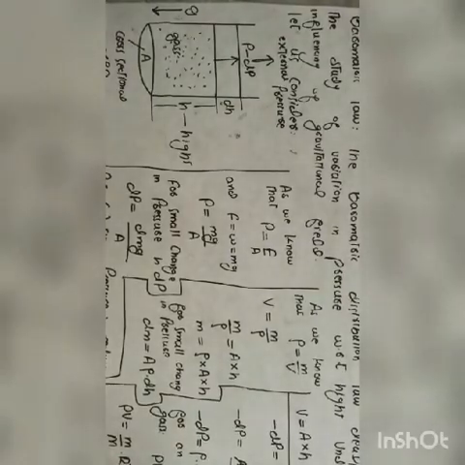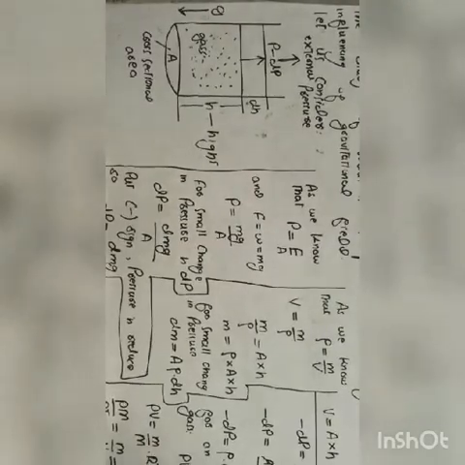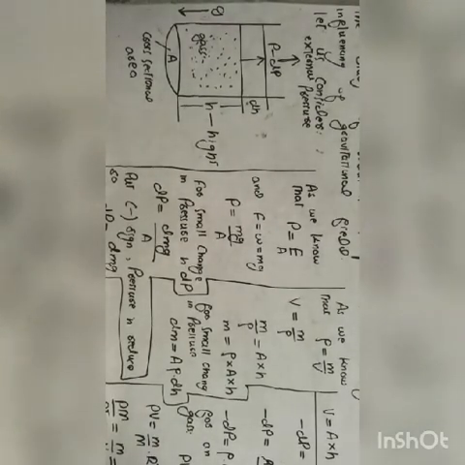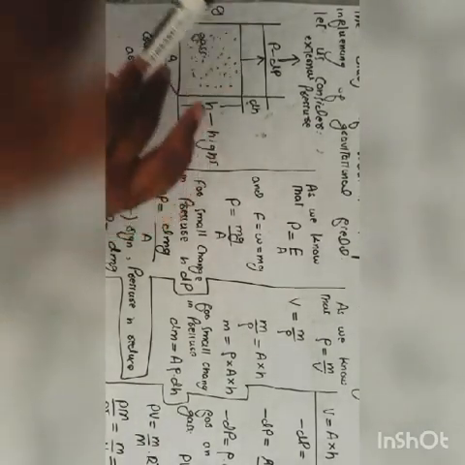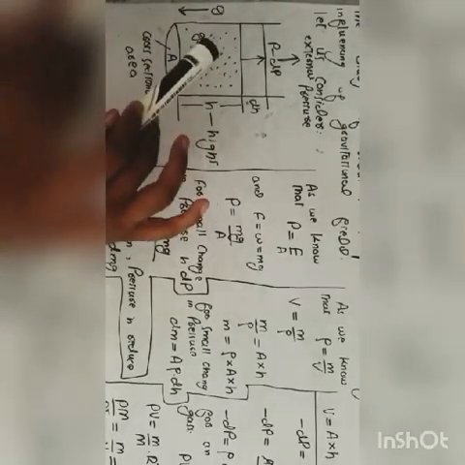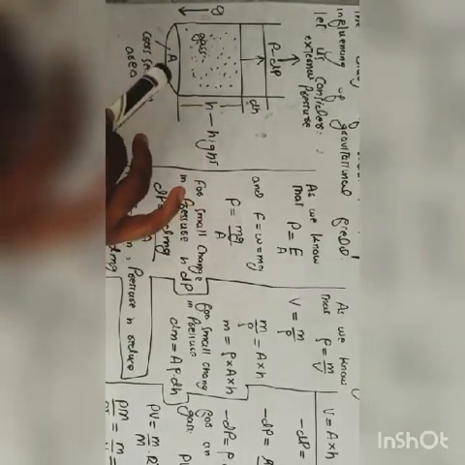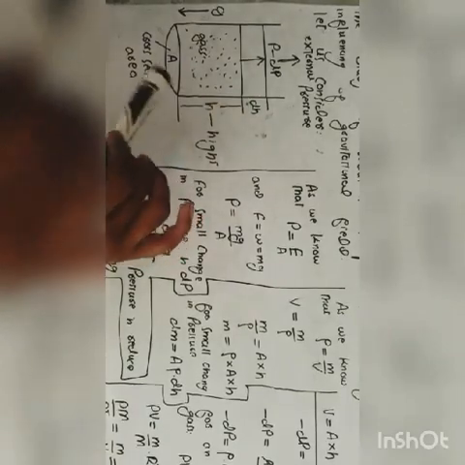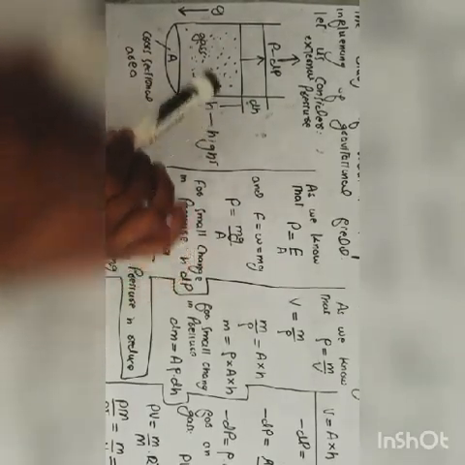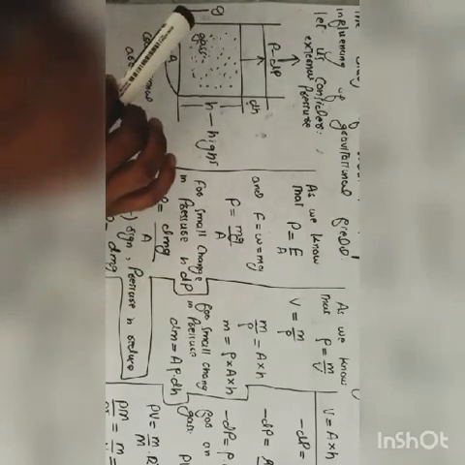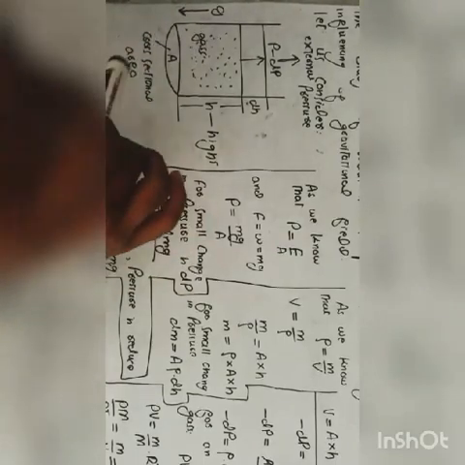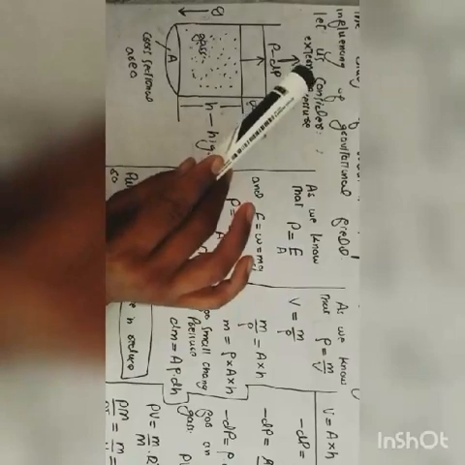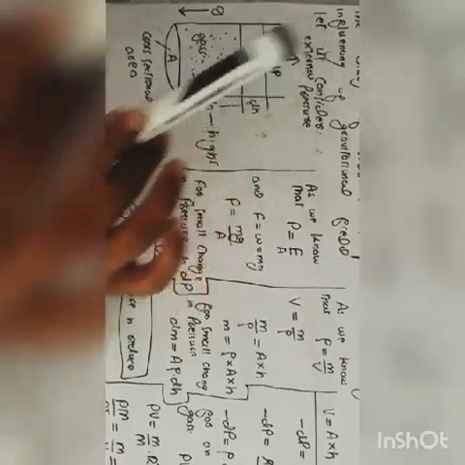You can see the figure of the barometric distribution law in this video. Let us consider this is a container. The cross-sectional area of the container is A, and the height of the container is H, and g is the gravitational field which is acting vertically downward, and the external pressure is acting vertically upward.